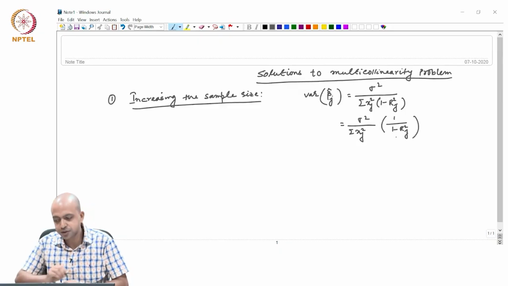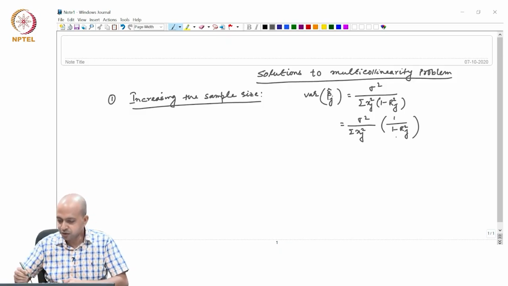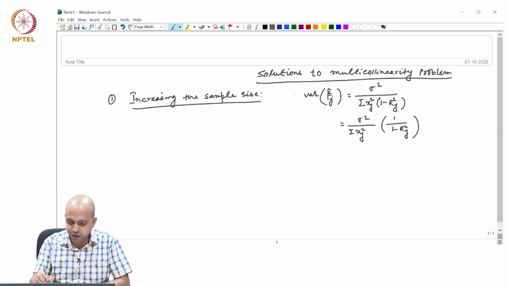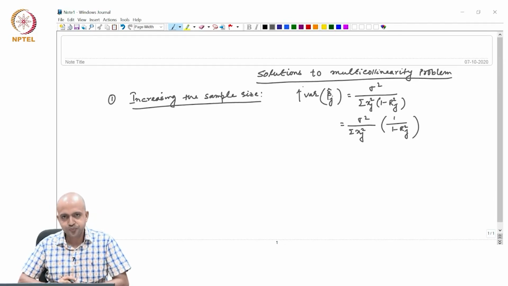There are two components, and in the presence of multicollinearity, what happens? This is actually your variance inflating factor, if you recall, 1 by 1 minus r square j. So this variance inflating factor, in the presence of multicollinearity, will give you some upward shock in the variance.